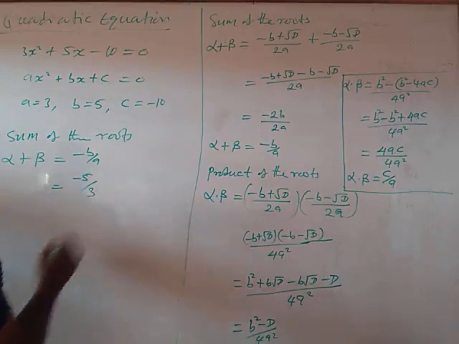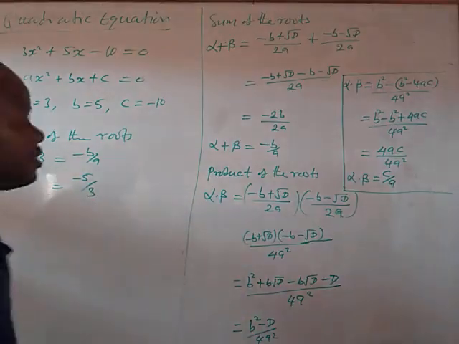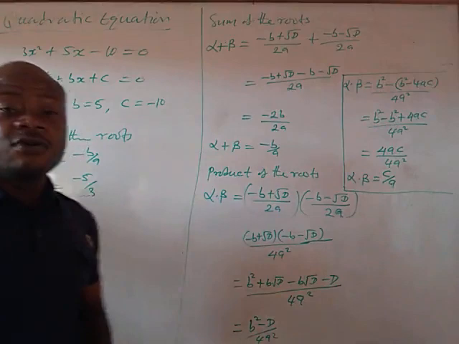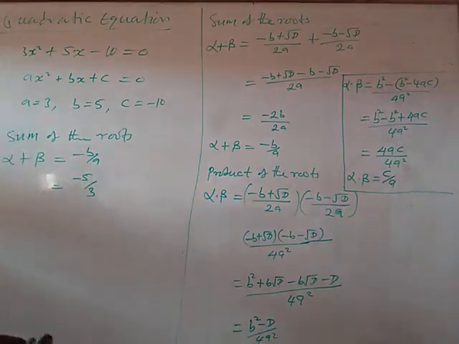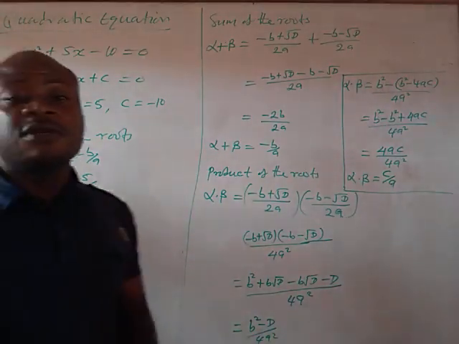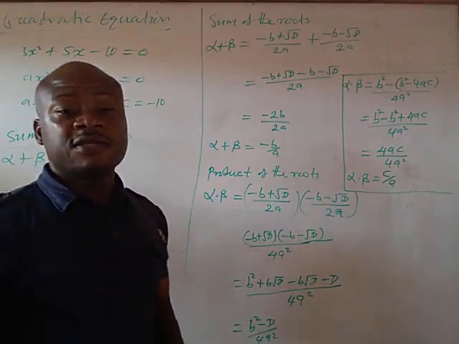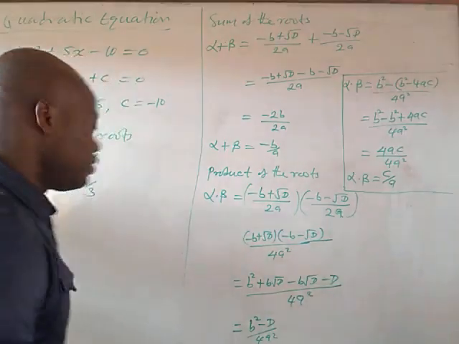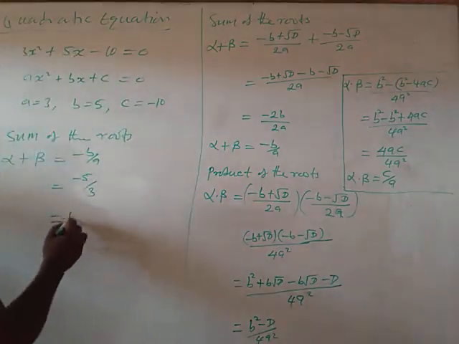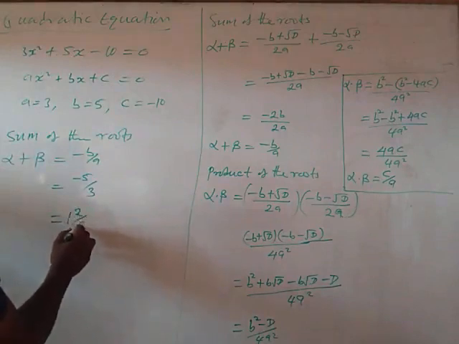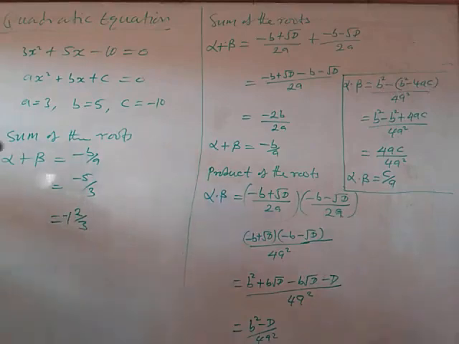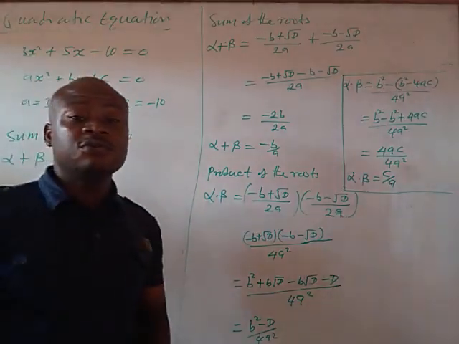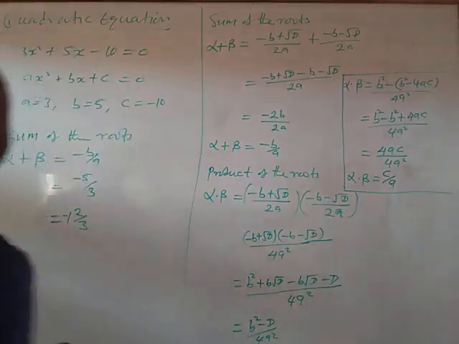We have 3. Therefore, our answer is minus 5 all over 3. Now, if you like, leave it this way, and if you like, you write it in a proper fraction. That is minus 1, then 2 over 3.